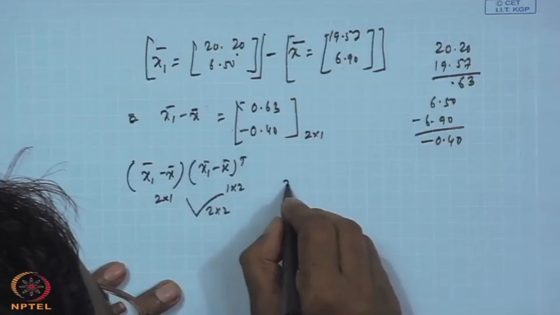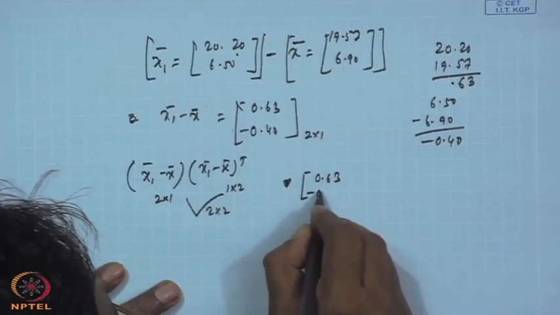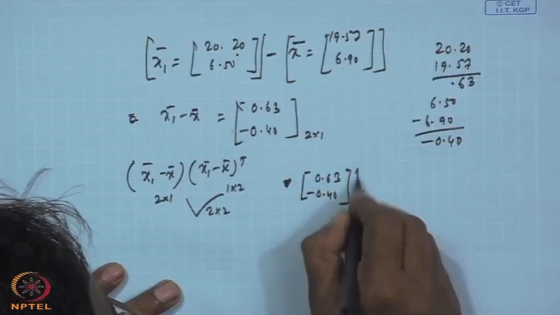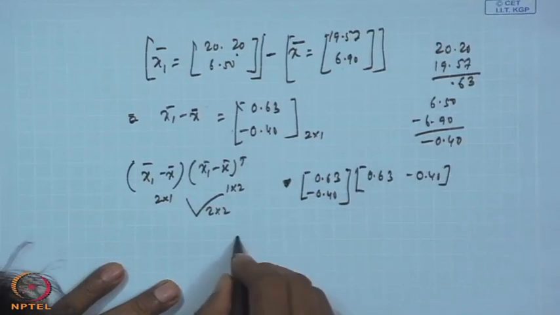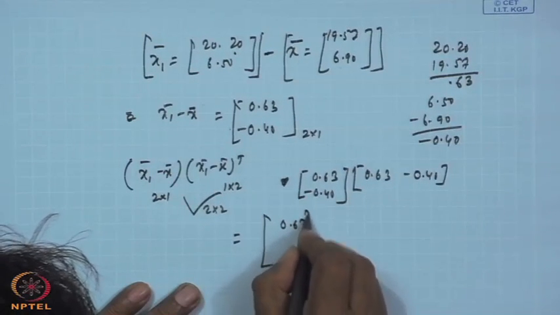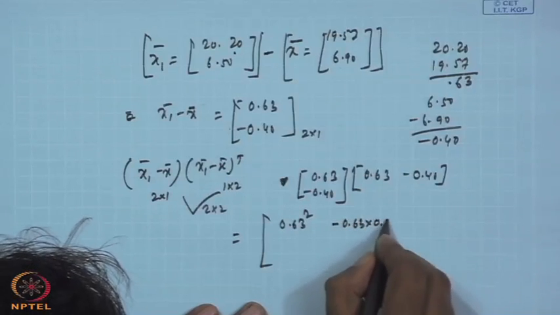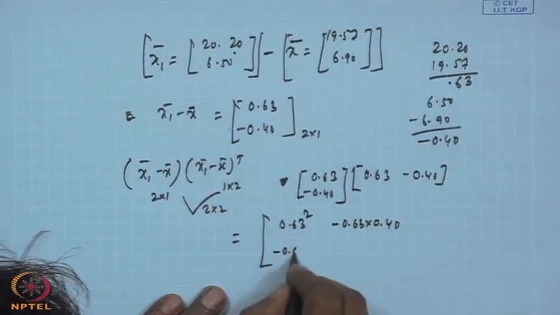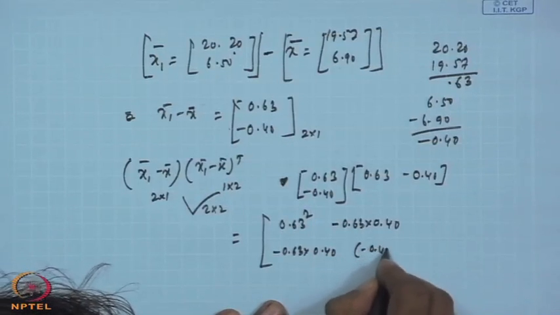So, I can write it like this: 0.63 and minus 0.40 times 0.63 and minus 0.40, and the resultant matrix will be 0.63 square, minus 0.63 into 0.40, minus 0.63 into 0.40, then 0.40 square.